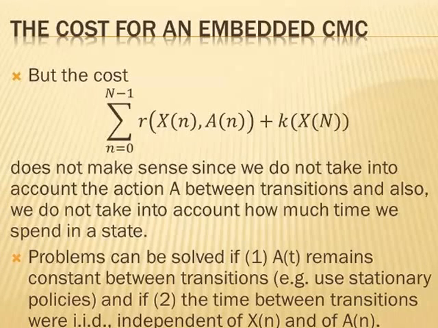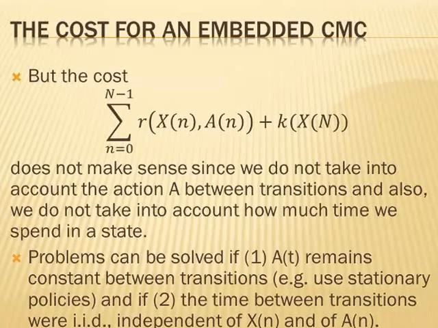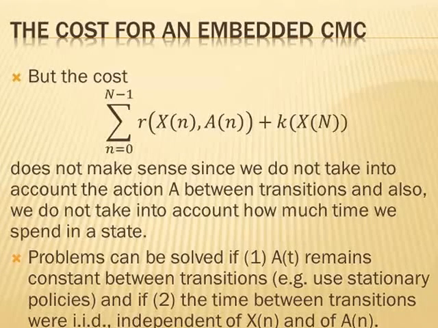So we should use another cost than this one. But we would like to use this one because we have a theory for this cost. We know how to compute the optimal control for this cost. So let's see how we solve the two problems. The first problem can be solved, of course, if A(t) remains constant between transitions.